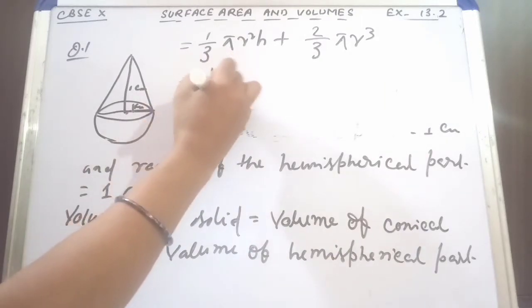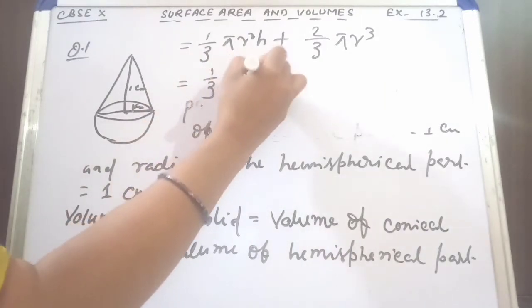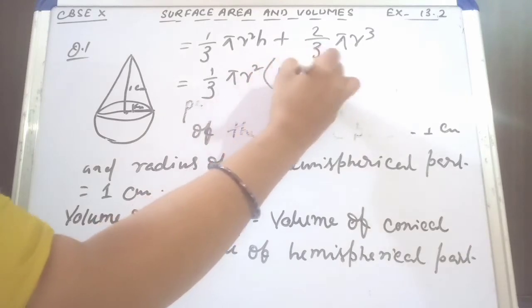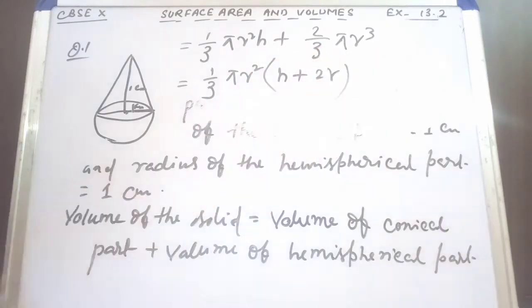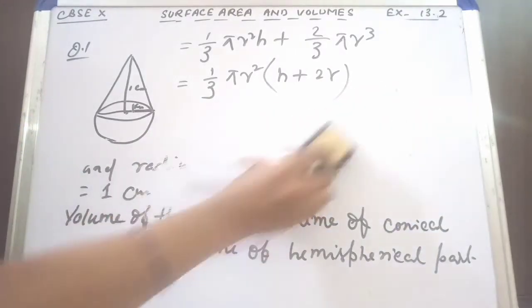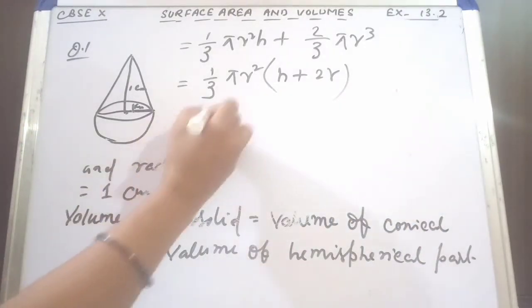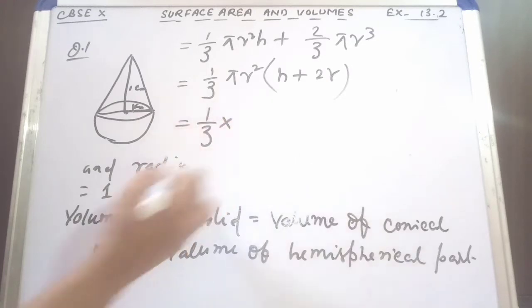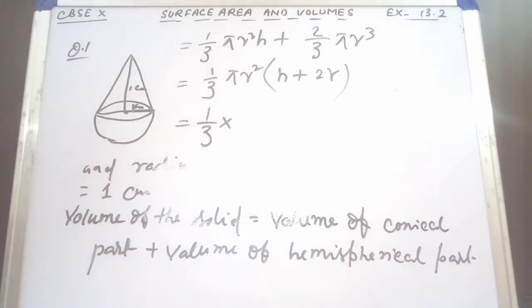Now taking common 1 by 3 pi r square, that means h plus 2r. Now put the values. Don't put the value of pi, because they have told us to find the volume of the solid in terms of pi.